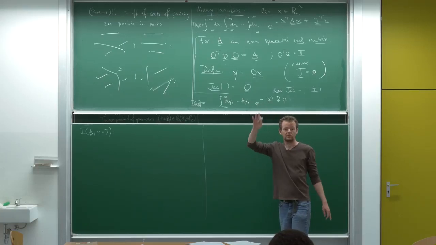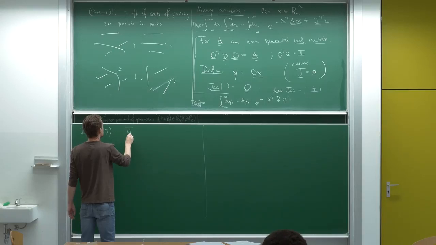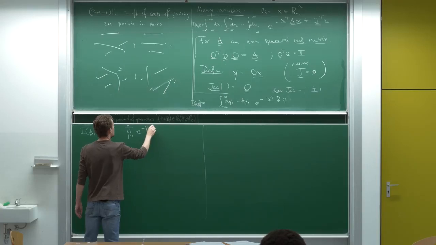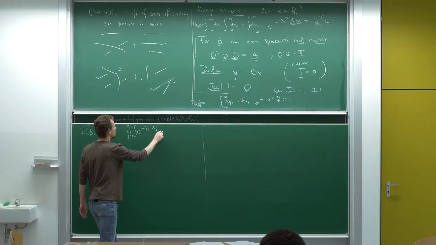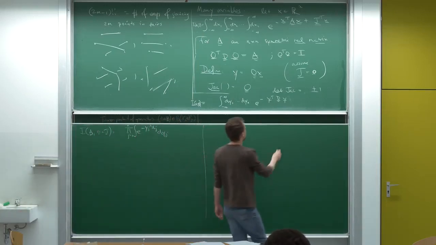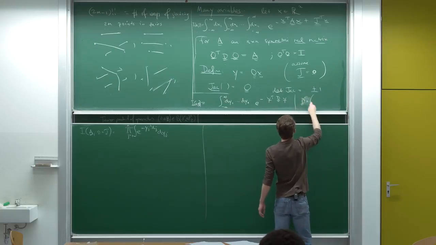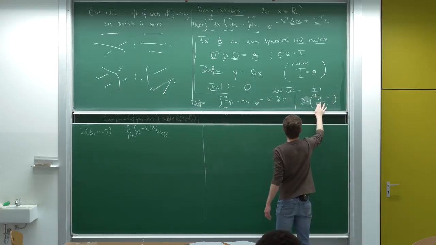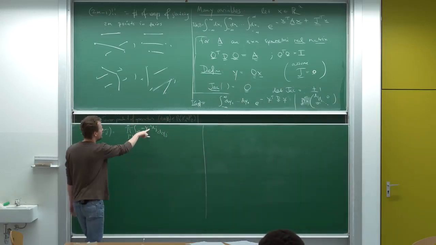It's just the product of n independent Gaussian integrals, where dj is just the diagonal element of D. But we already know how to do this integral.